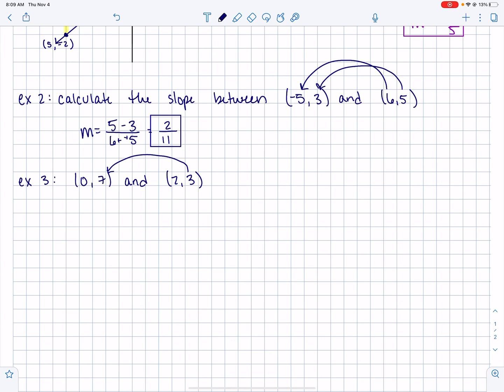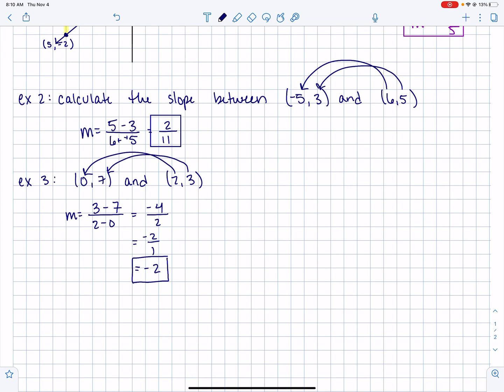So 3 minus 7 over 2 minus 0. We're calculating for slope here. That's going to be -4 over 2. We would reduce that to -2 over 1. As a reminder, we don't write those whole numbers over 1. So our slope here is -2.